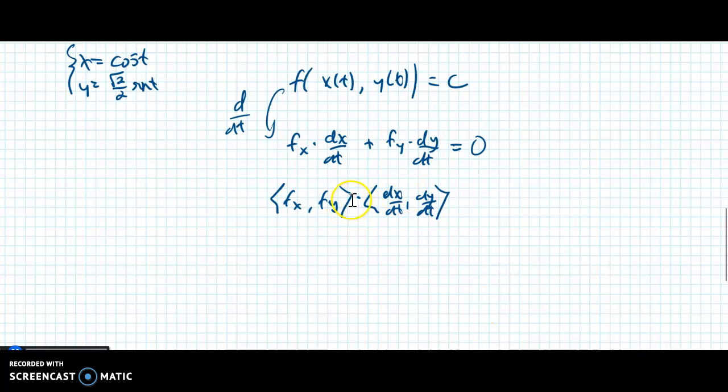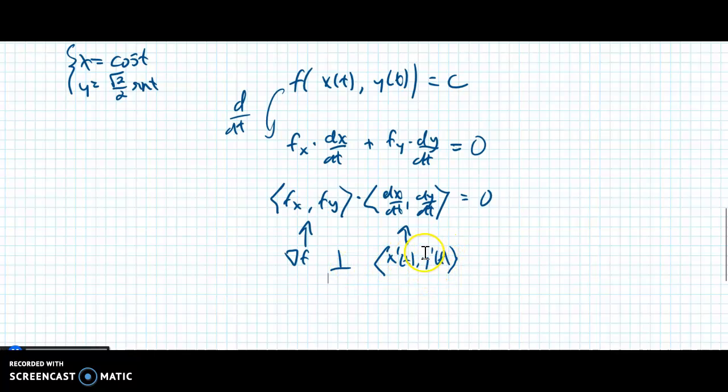Well, notice this is del f, and this is x prime of t, comma, y prime of t. And look, their dot product is 0. What happens when I have a dot product equal to 0? Well, the two things are perpendicular. So del f is perpendicular to this.